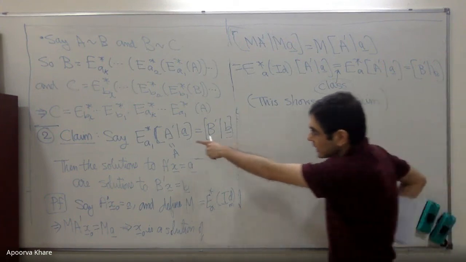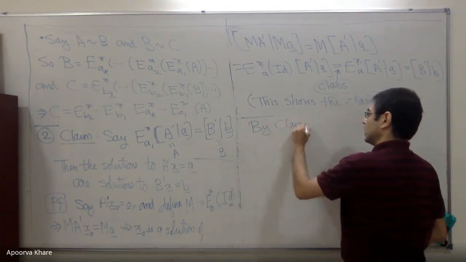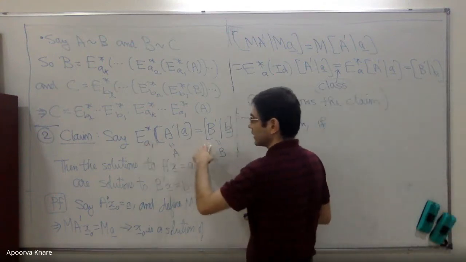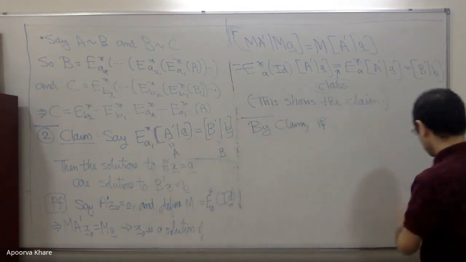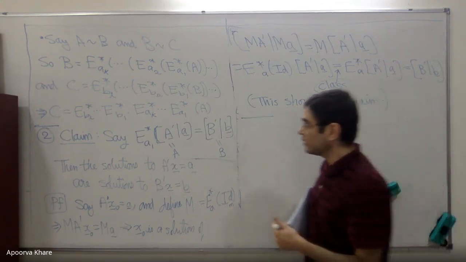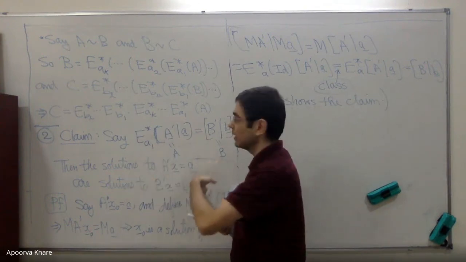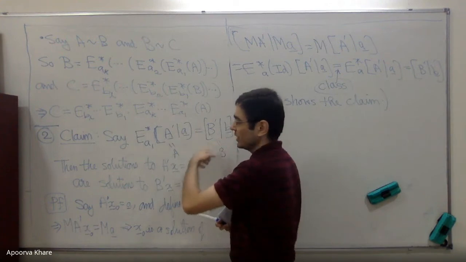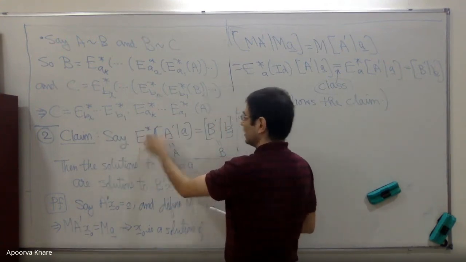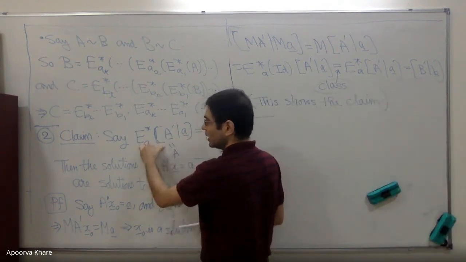Well, by the claim, if this is the claim for a single step, maybe I should say apply the claim inductively, right? If one elementary transformation changes A to B, then you're good. Then the solution set is contained. So if two elementary transformations change A to B, then the solution set after zero operations is contained in the solution set after one, which is contained in the solution set after two.